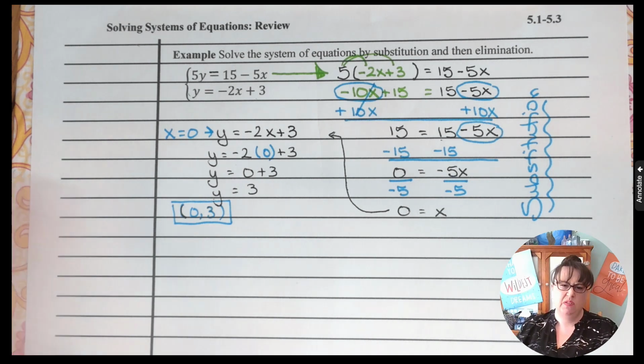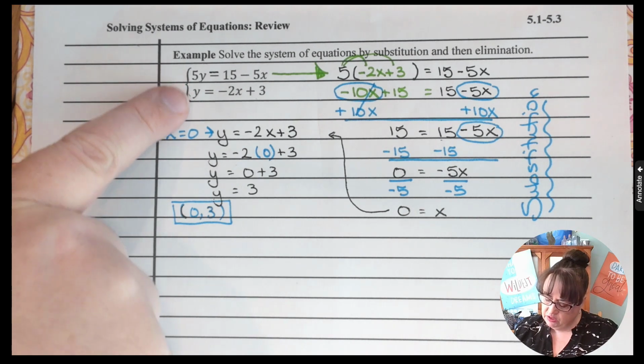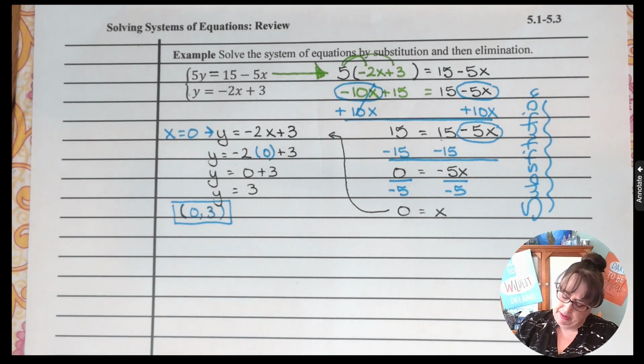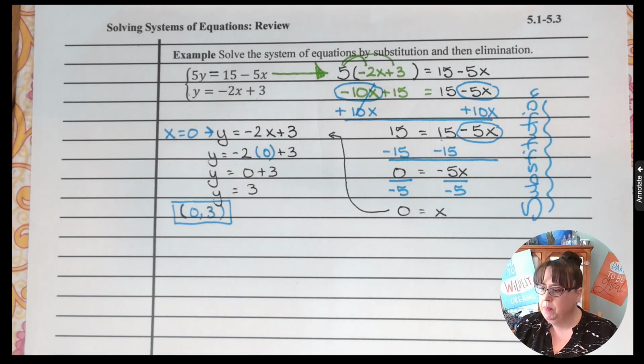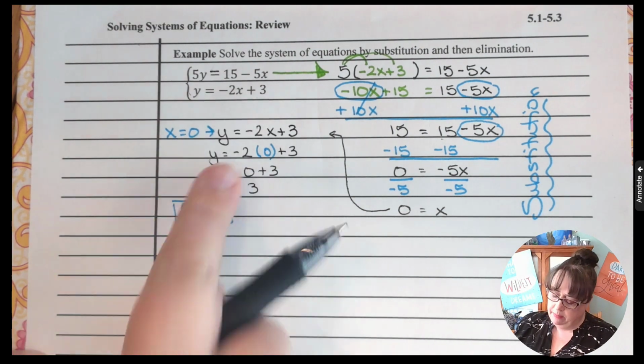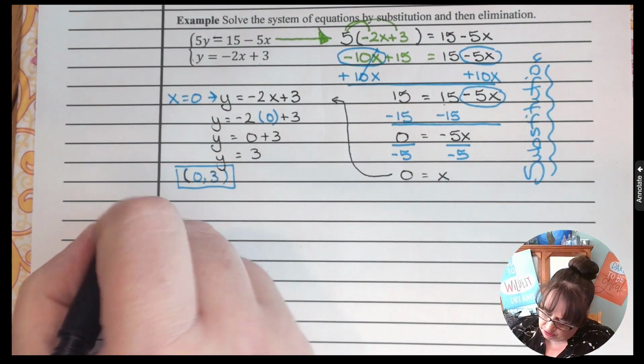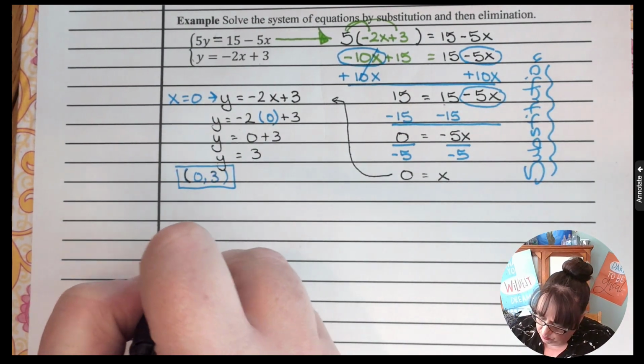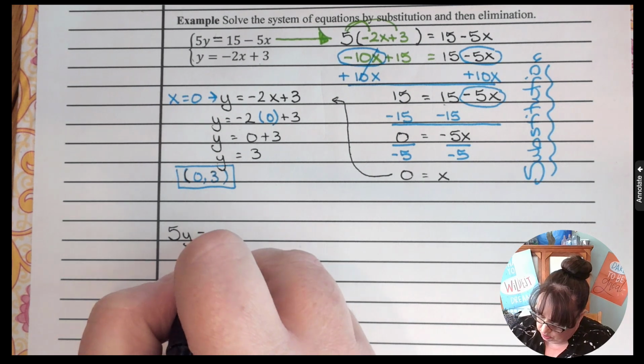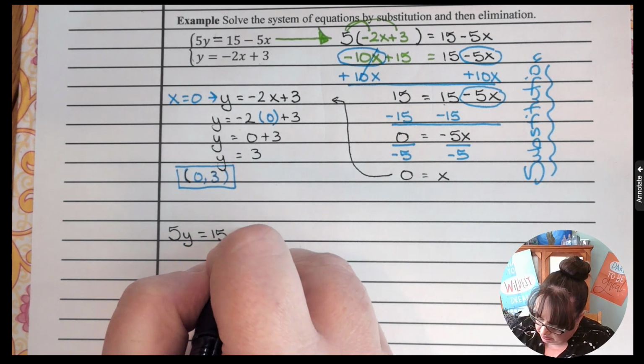I'm really close though. If these were additive inverses, that would happen. So I need to come up with a way to make that happen. So one of the first things I do is I get all my x's and all my y's to the same side. So let's rewrite this and get started on that. So 5y is equal to 15 minus 5x.